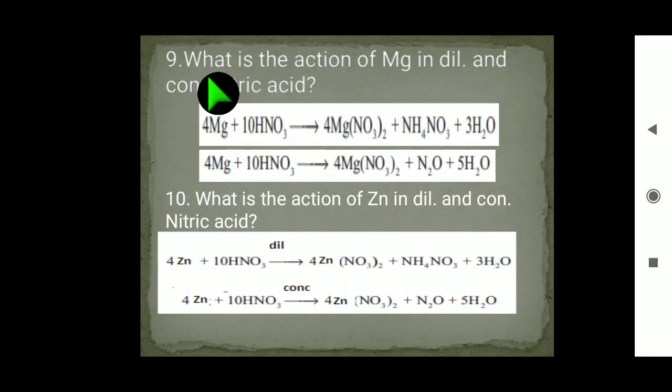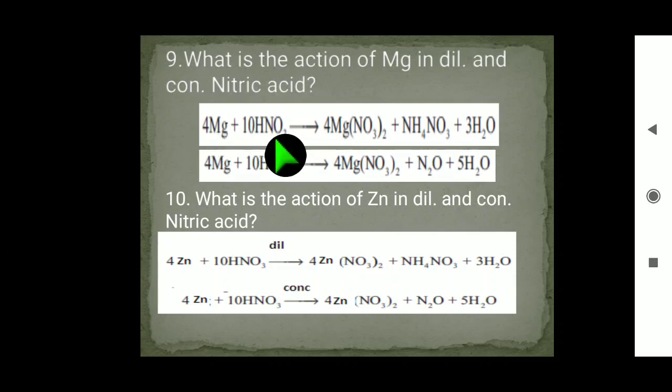Okay, question number 9. What is the action of magnesium in dilute and concentrated nitric acid? So both the equations: the first equation concentrated, second equation diluted. Okay, here 4:10 ratio, both the equations we have to take the same ratio.